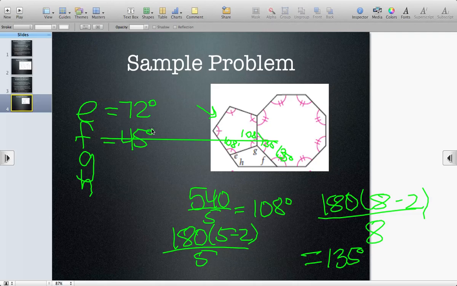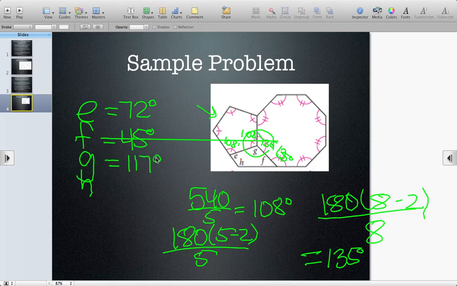Now let's figure out angle G. As we've worked with in our previous lesson, we have 3 angles that are forming a nice little circle right there. We know that the pentagon angle is 108 degrees, and we know that the octagon angle is 135. So add those two together, subtract from 360, and we see that angle G is equal to 117 degrees.